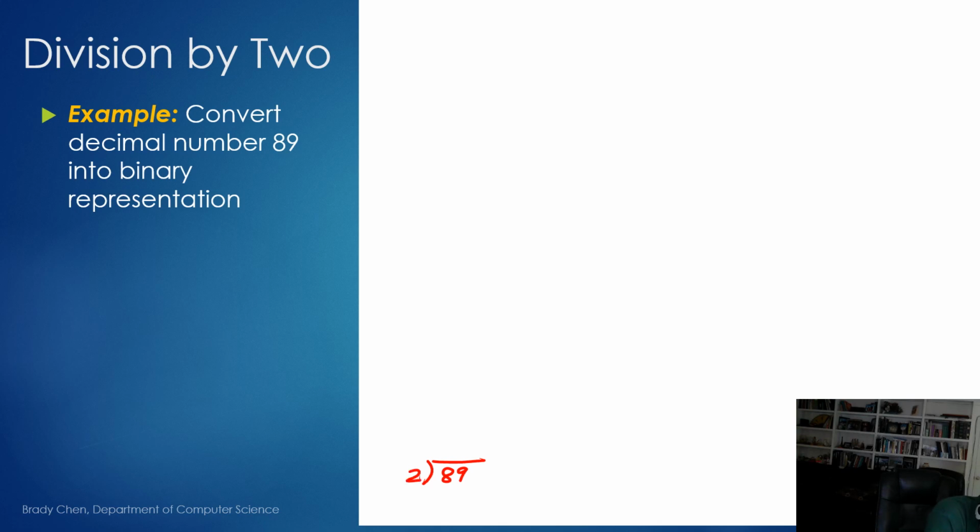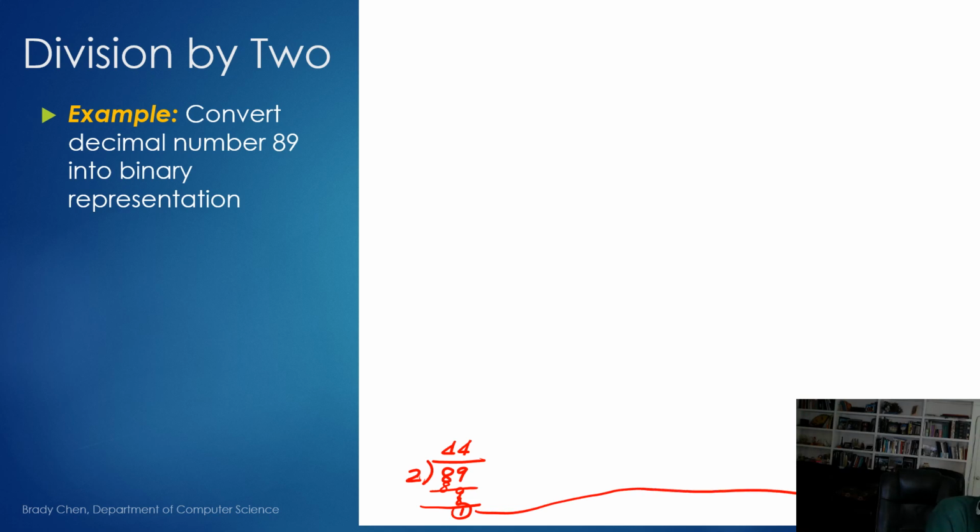So we got the quotient 44. 2 times 4 is 8, 9, and 2 times 4 is 8, that's 1. So we got a remainder 1.